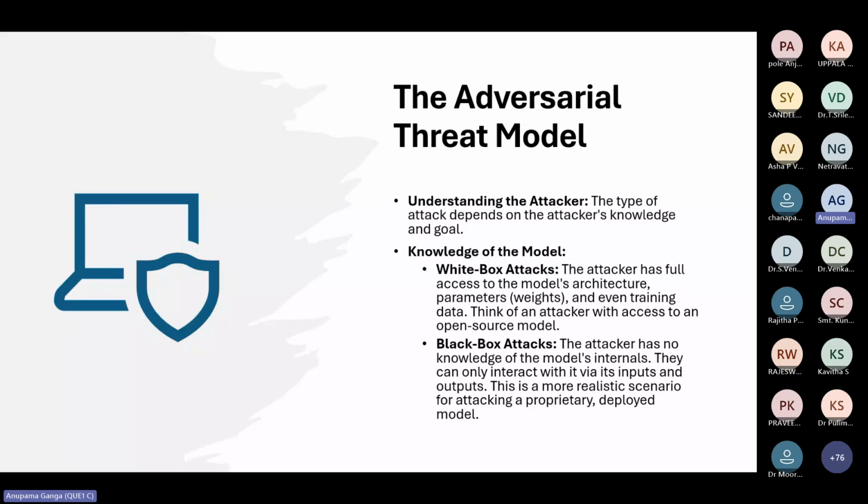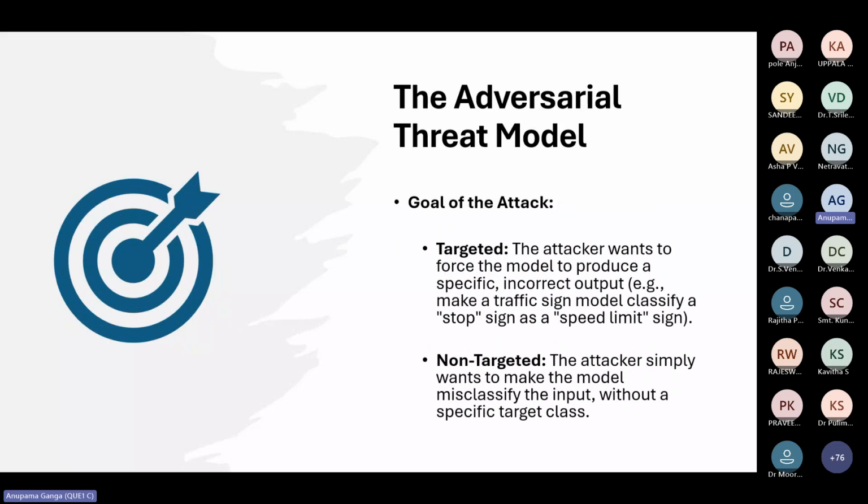Next, moving on, what are the goals of the attacker? It can be a targeted goal. When we say targeted, the attacker wants to force the model to produce one specific output. As we said earlier, in the stop sign example, they want the model to interpret the sign as a speed limit sign.